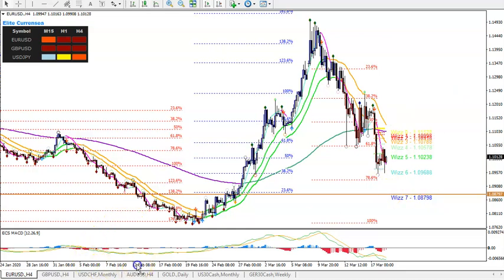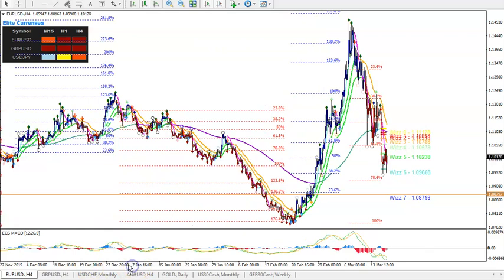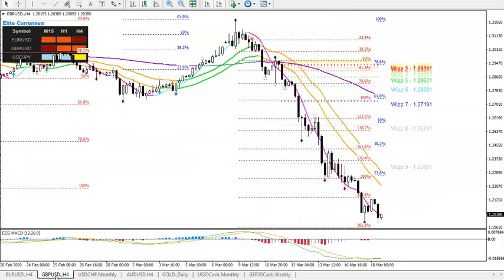So a lot of pressure on the euro here, a lot of dollar strength, even more so with the pound. In fact, we see that pound weakening from 132 all the way down to 120, and it probably is a mixture of Brexit and also the coronavirus and the dollar strength that typically happens when there is risk off.